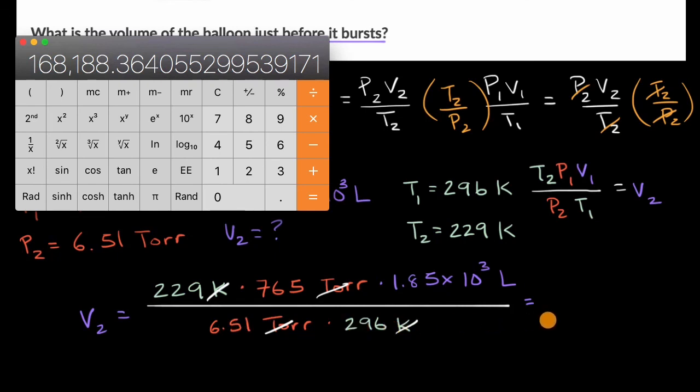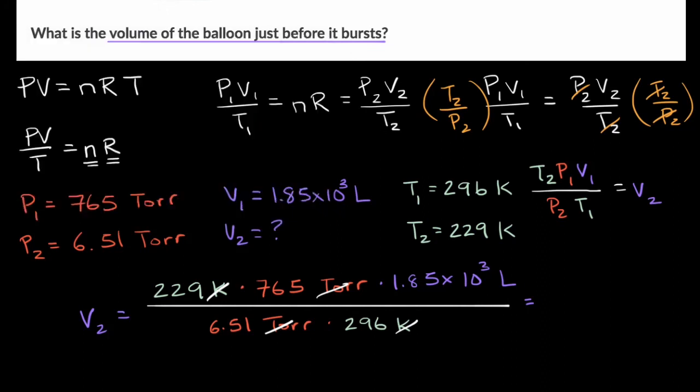So our answer is going to have 3 significant figures. So if we round, it's going to be 168,000. And so we could just write that as 168,000 liters. Or if we want to write that in scientific notation, we could write that as 1.68 times 10 to the 1, 2, 3, 4, 5. So let me write it that way. So this is going to be equal to 1.68 times 10 to the 5th liters.